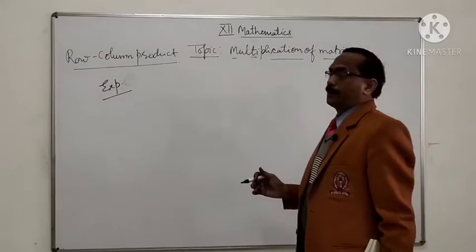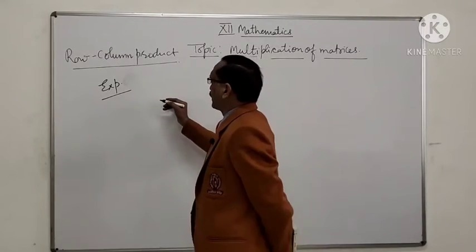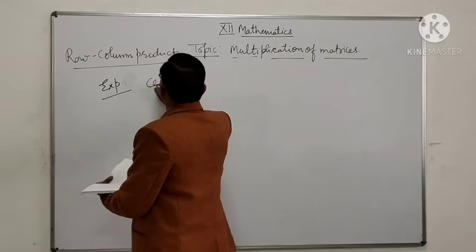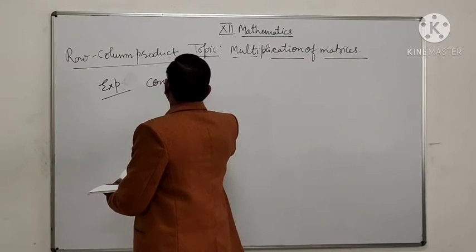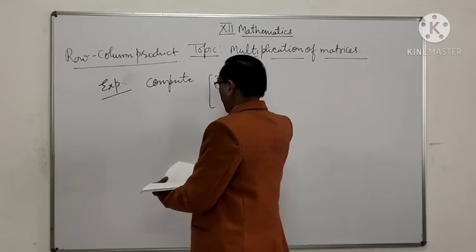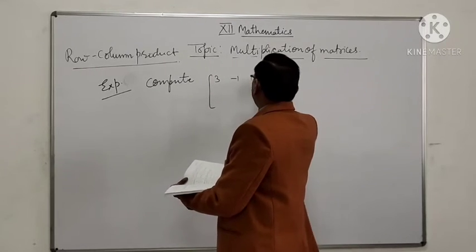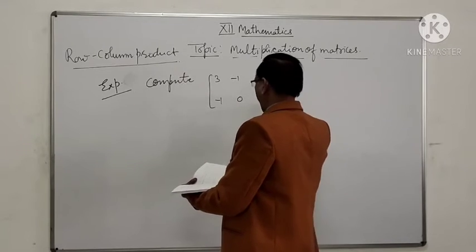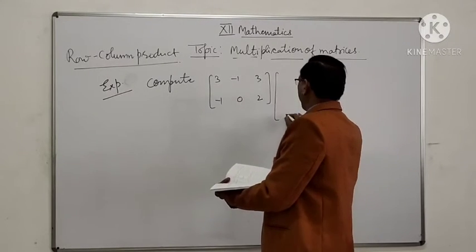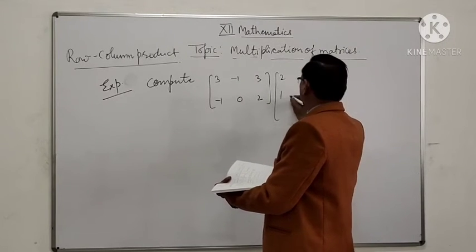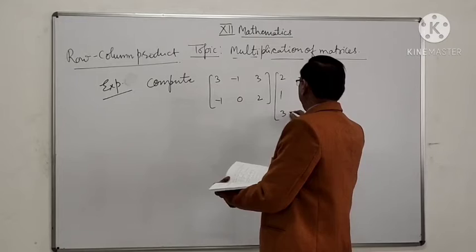Student, now see one example. Compute the matrices 3 minus 1 3, minus 1 0 2, and then 2 minus 3, 1 0, 3 1.